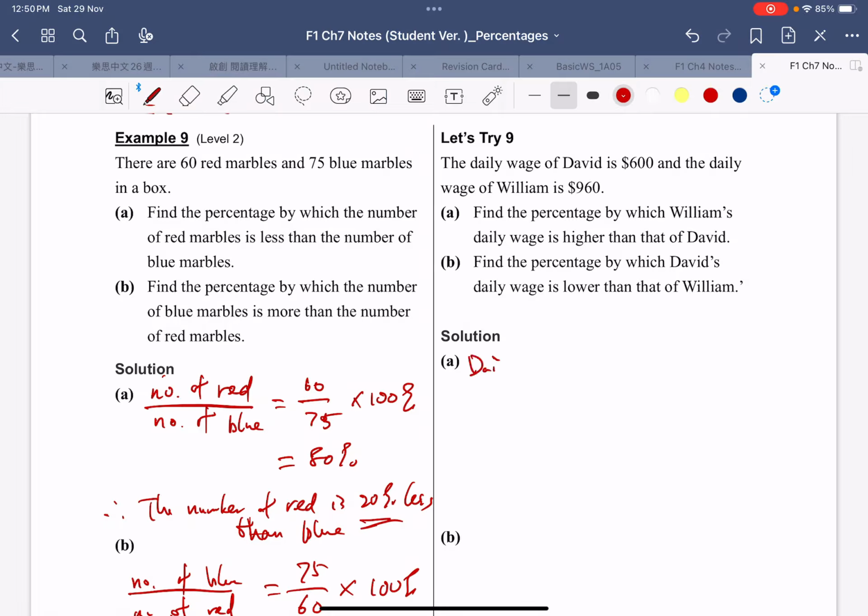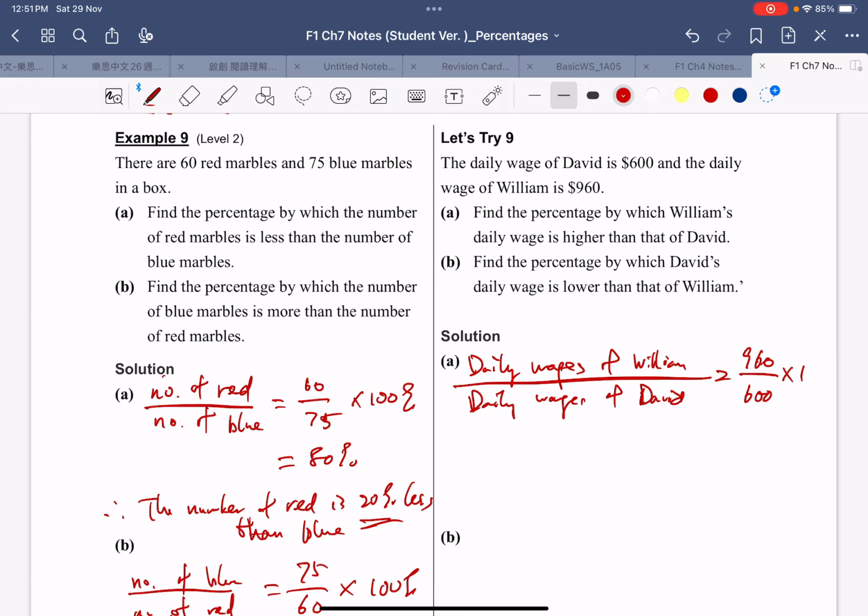So the daily wages of William divided by the daily wages of David equals 960 over 600 times 100%, which gives you the number 160%.